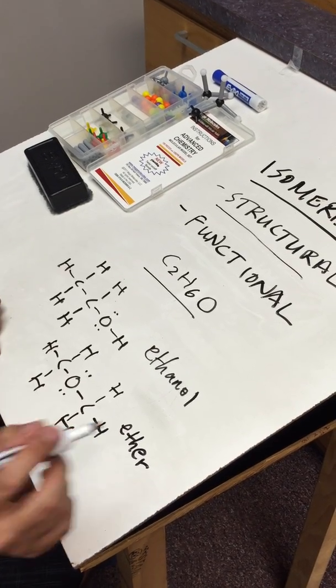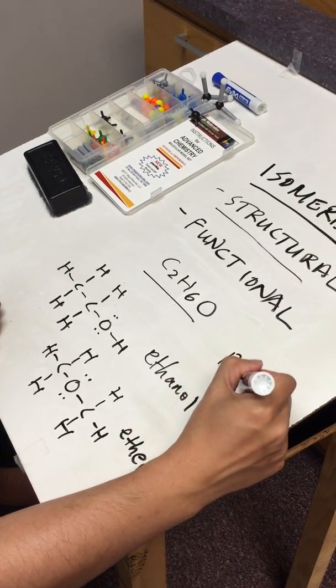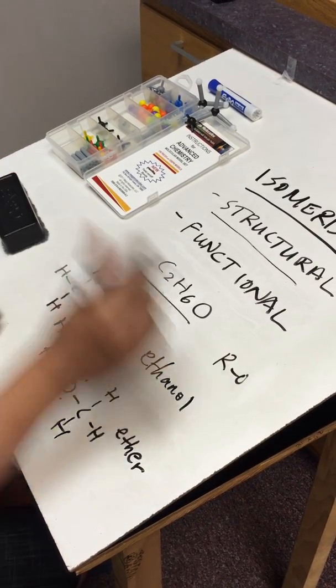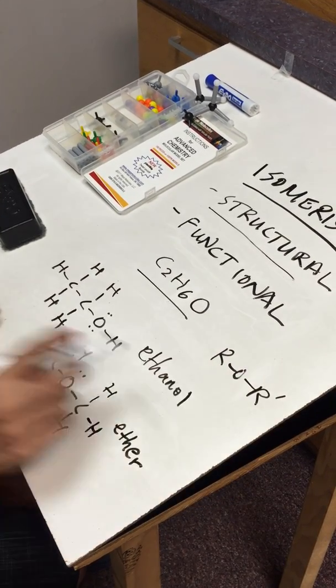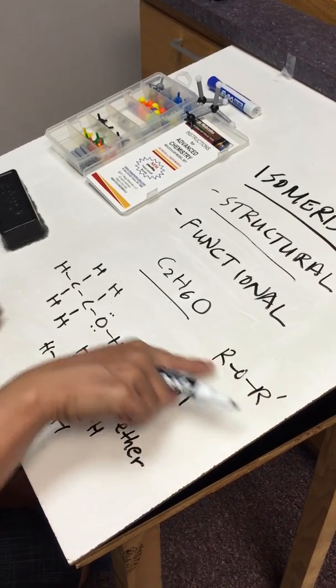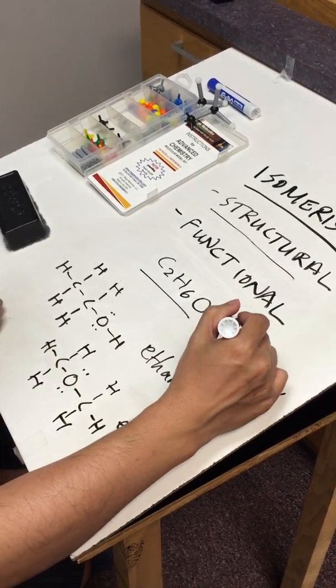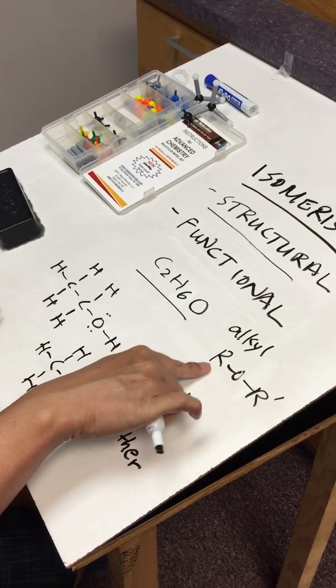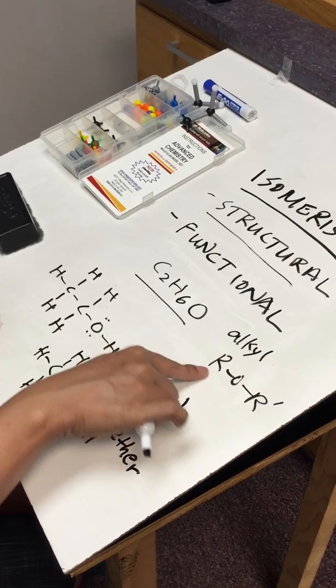Okay, so an ether basically is R-O-R prime, where the oxygen is sandwiched between two methyl branches or any kind of alkyl branches. So it could be methyl, ethyl, propyl, whatever it is.